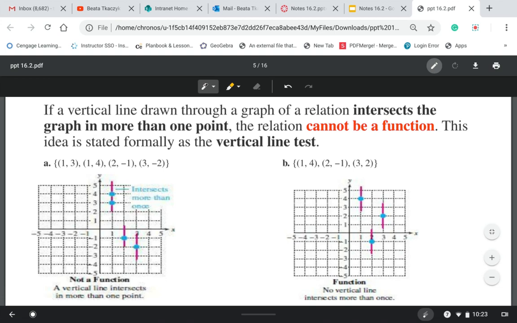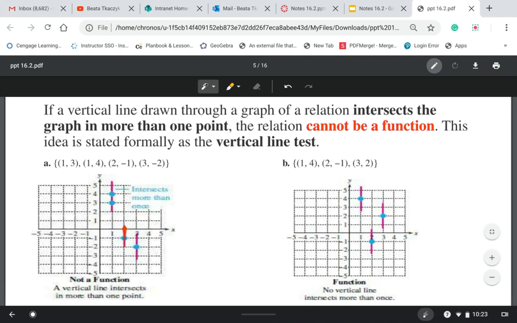Now the question is if this relation represents a function. So what you're doing, you build the vertical line. Okay, so this is the vertical line. And look what happened. This vertical line intersects the graph at 2 points. So it's not a function.